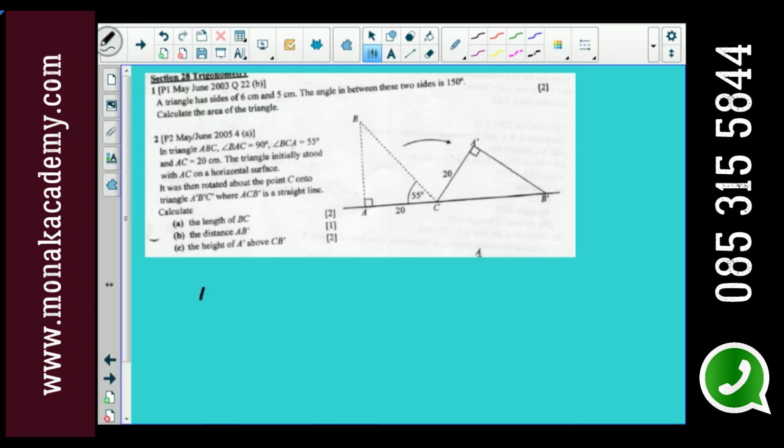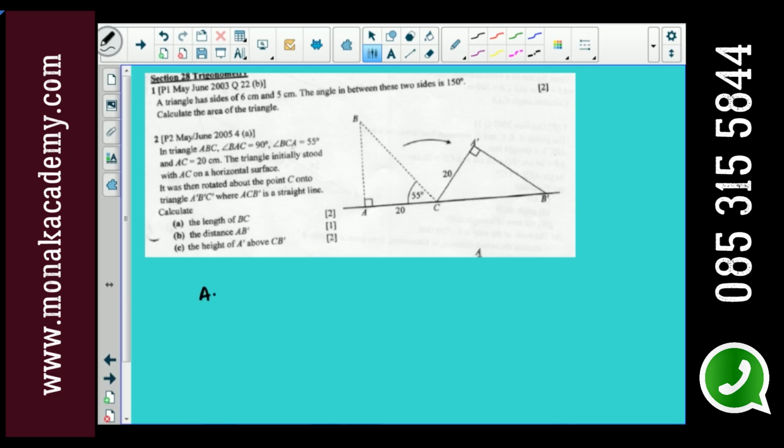Area of a triangle, which is not a right angle triangle. Remember we introduced the concept of area of a triangle before, where we say half base times height. But now, since this triangle is not a right angle triangle, clearly it's not a right angle because one of the angles is 150, so there's no way it can be a right angle, right?